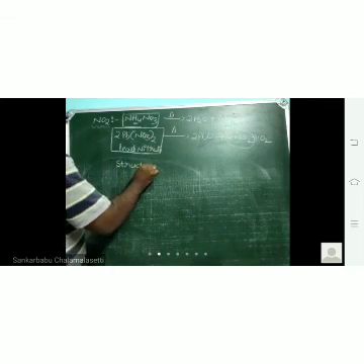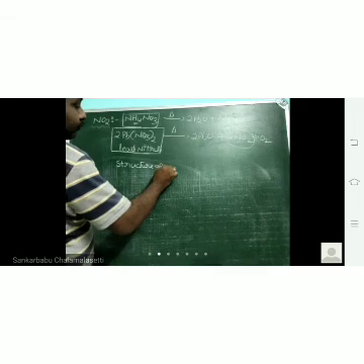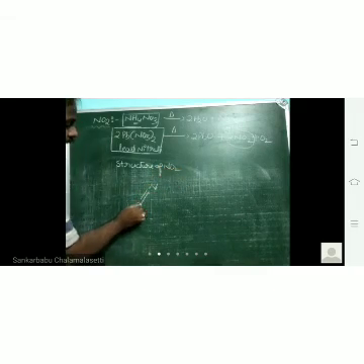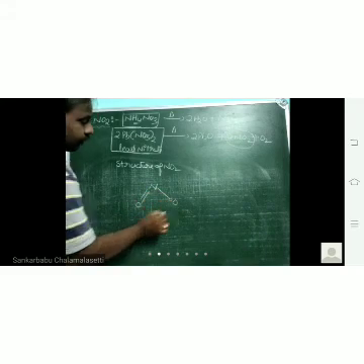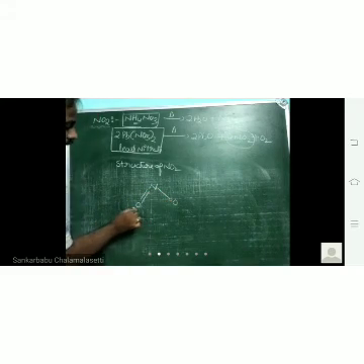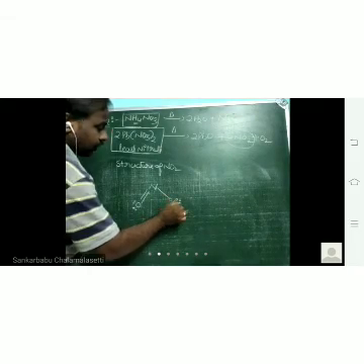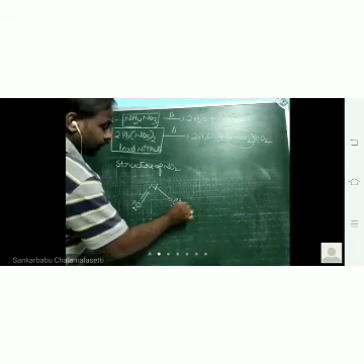Next, structure of NO2. NO2 structure is very simple. It has a double bond and a single bond. Here it contains 2 lone pairs. Here it contains 3 lone pairs. It will get a negative charge.